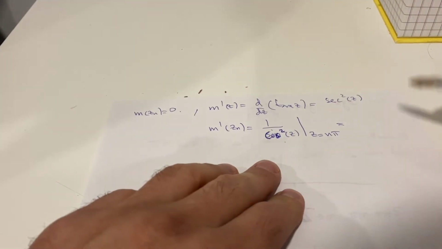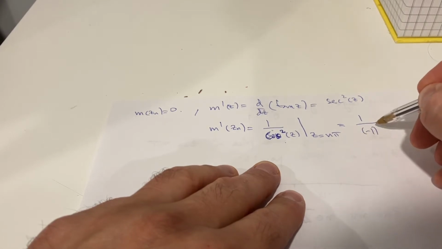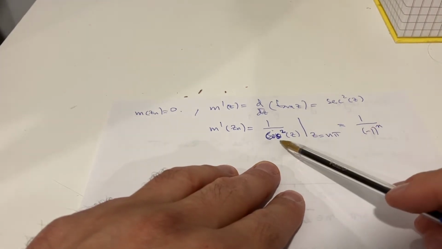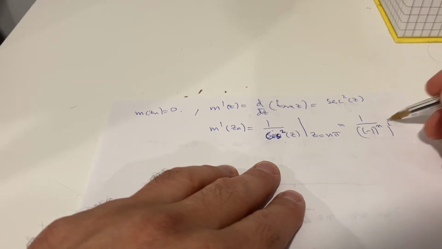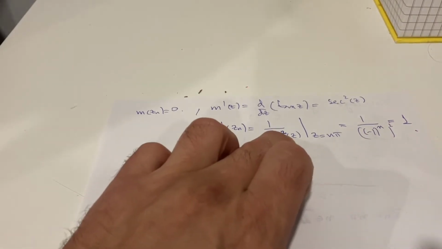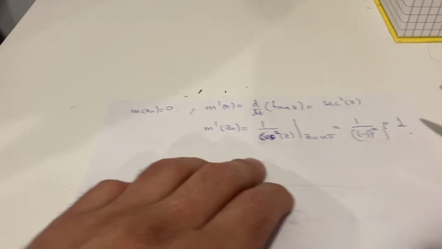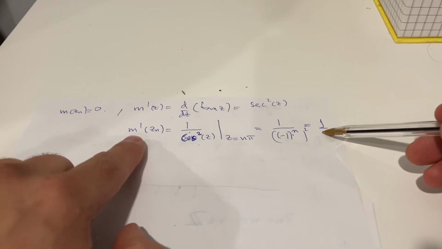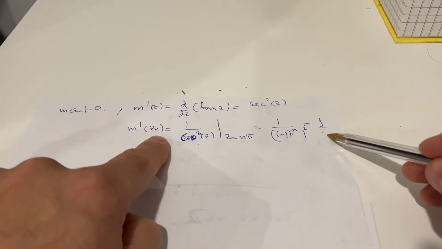So this is 1 over negative 1 power n, and then power 2. So negative 1 power n, but square, we get 1. So actually, the first derivative at zn is 1, not equal to 0.